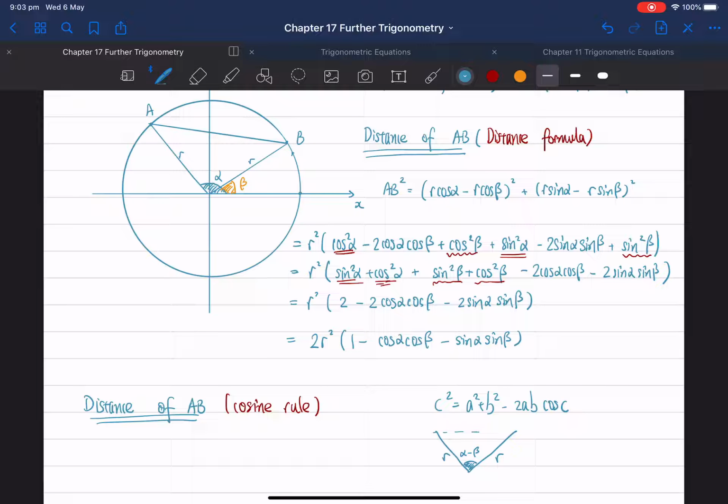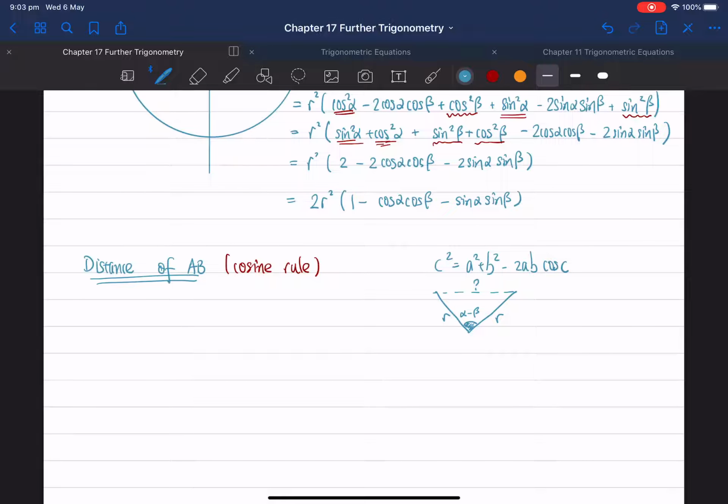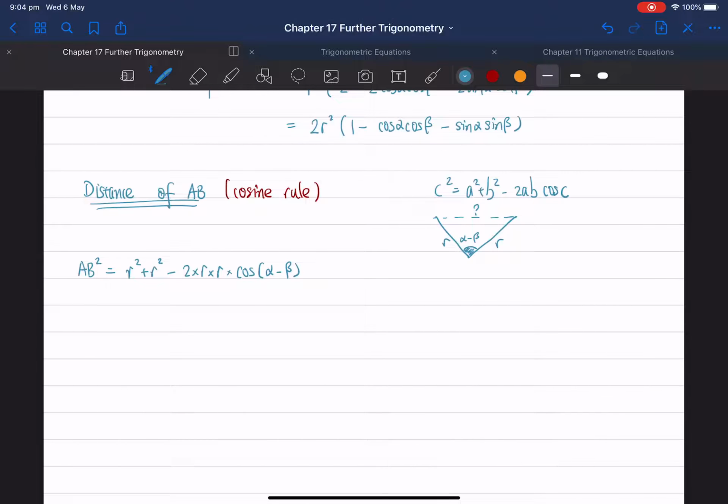So finding the distance here should be quite easy. AB squared, which is the c squared, is equal to r squared plus r squared minus 2 times r times r times cosine (alpha minus beta), which gives you 2r squared minus 2r squared cosine (alpha minus beta).